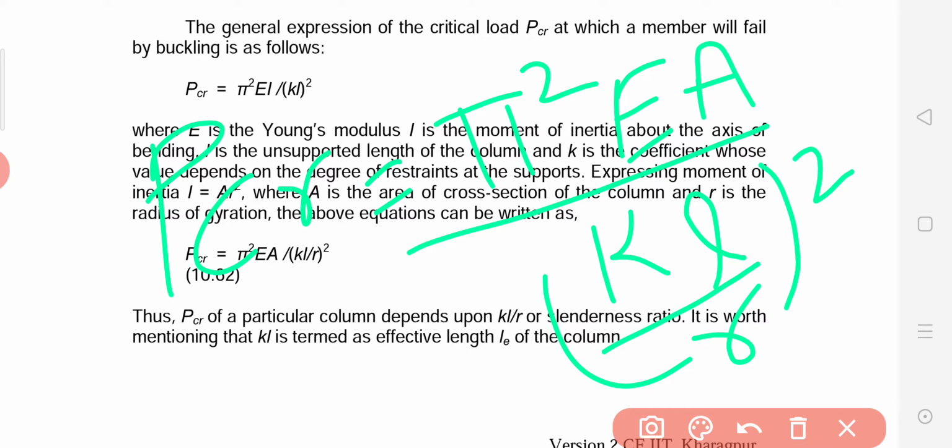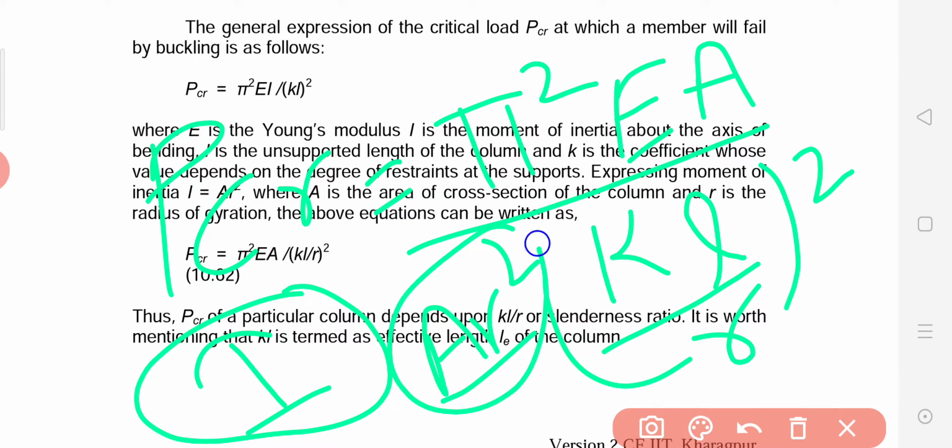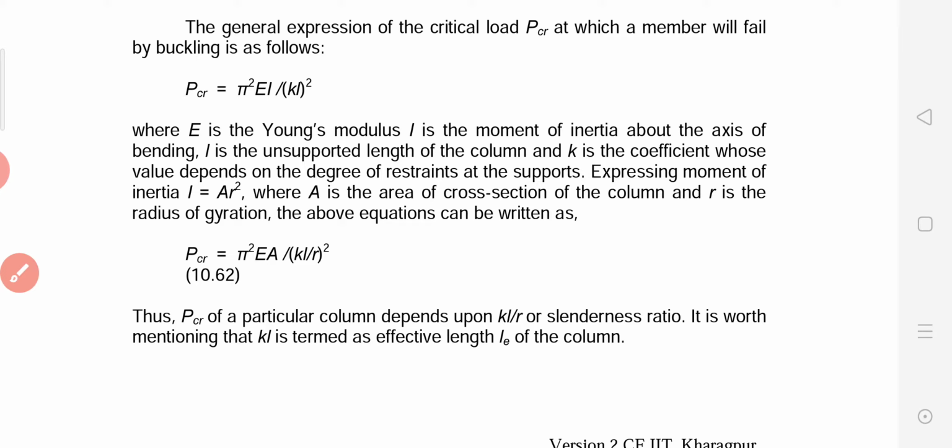Here, in the above equation, we replace the value of I with A into R square. So we can also write PCR equal to pi square EA upon KL upon R whole square. Thus PCR of a particular column depends on KL upon R, or the slenderness ratio.